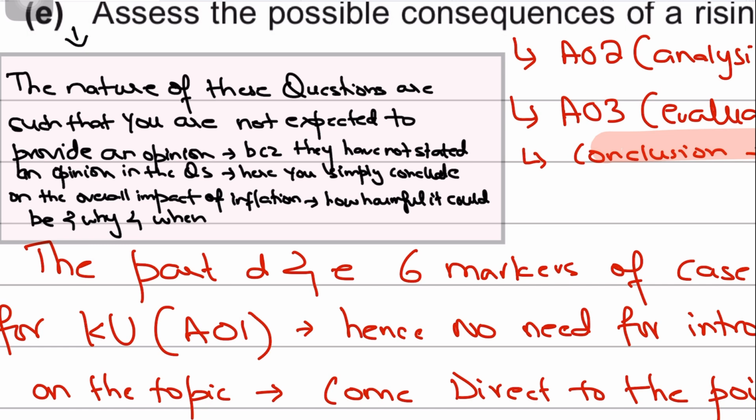So the narrative for such questions is that yes, inflation is harmful, demand pull is harmful as well, and cost push is too, but it's asking us what is more harmful. So analyzing the narrative would mean that you tell when is demand pull inflation harmful, and then when is cost push inflation harmful. That's analysis, assessment objective 2.